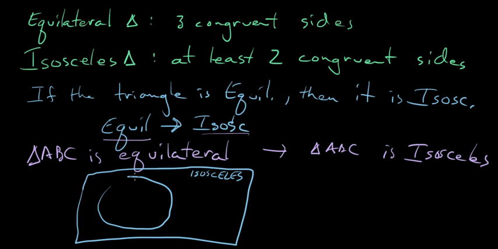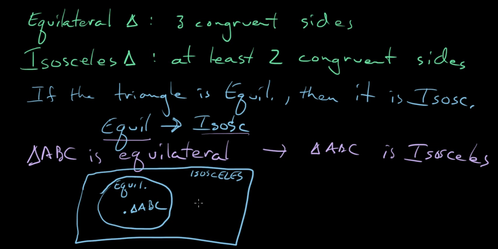This one is equilateral triangles. And this little doodad right here is triangle ABC. So you see triangle ABC is equilateral. That means it's also isosceles because all equilateral triangles are isosceles.